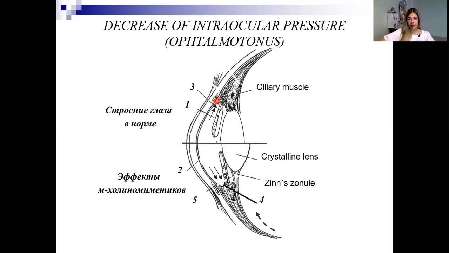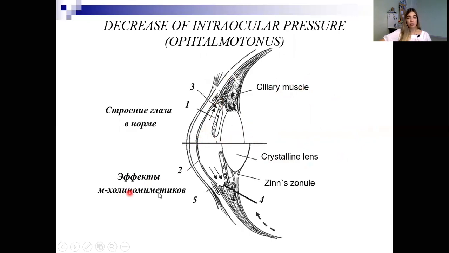Here in this angle, we have a chamber from which the fluid should outflow from the eye. And if this corner is blocked, then a lot of fluid accumulates in the eye and makes a big pressure.